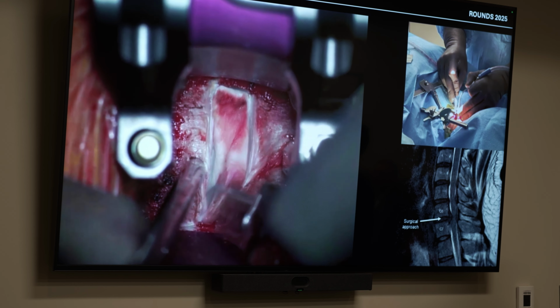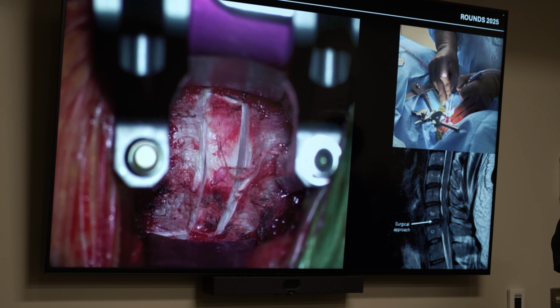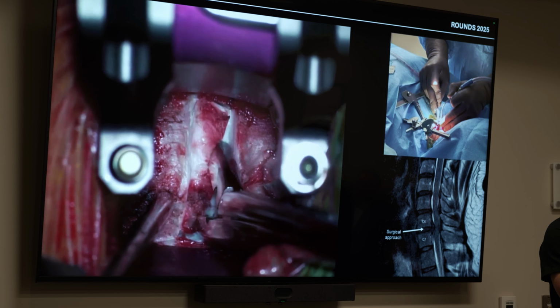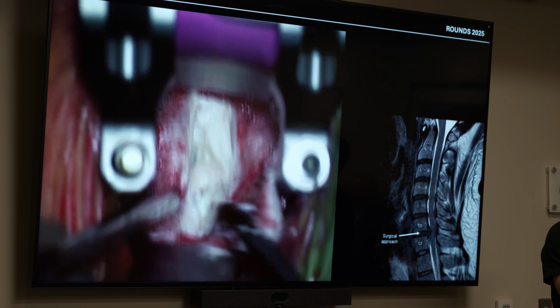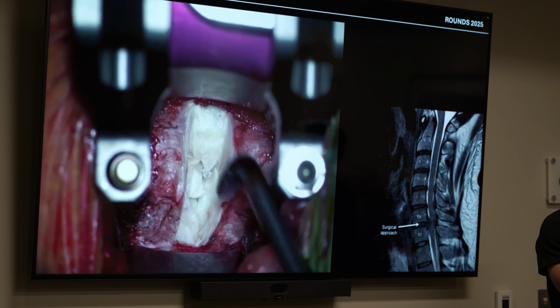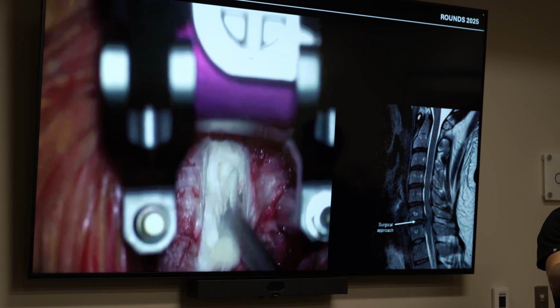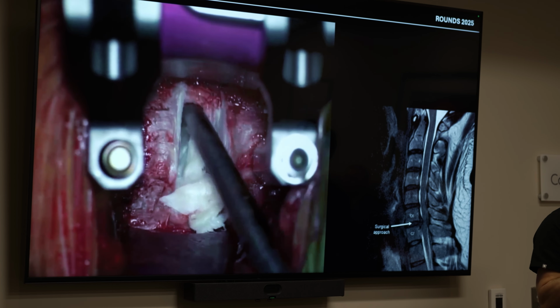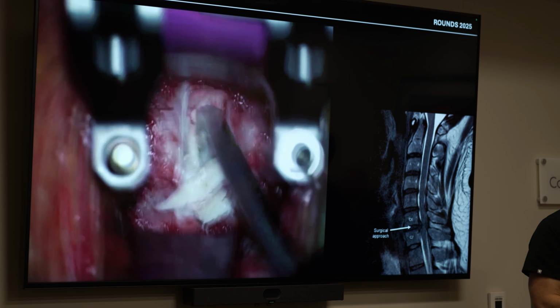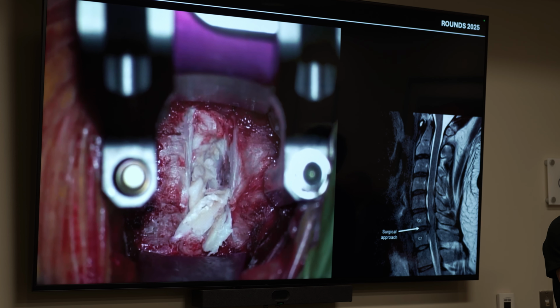And then we cut the annulus, which Mickey knows what that is now. And we remove the disc completely. And then get to the back of the disc, file down the bone spurs, remove the herniation and the posterior longitudinal ligament, and then again put the artificial disc in.